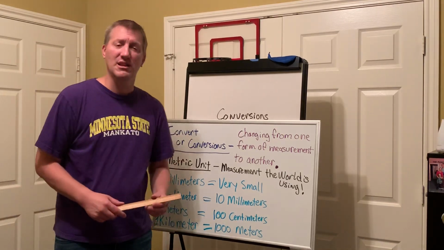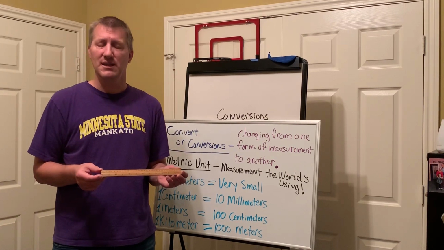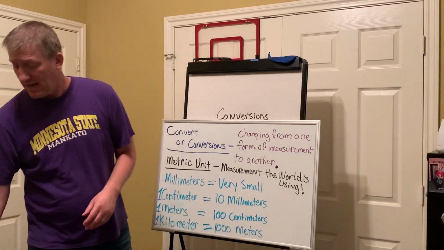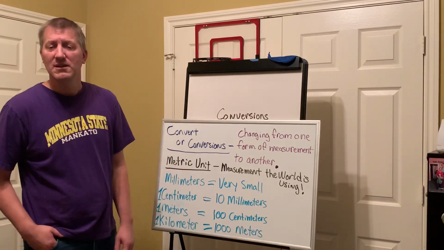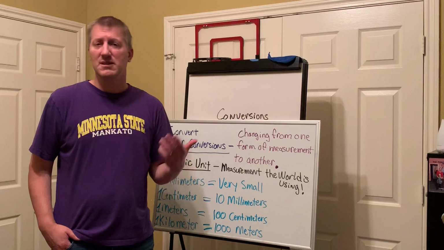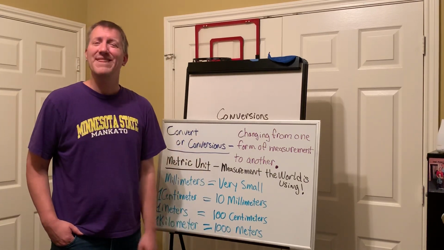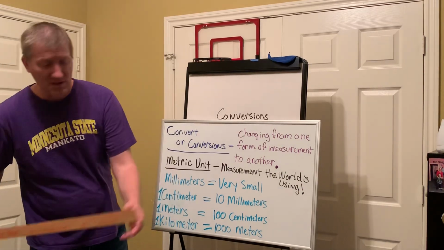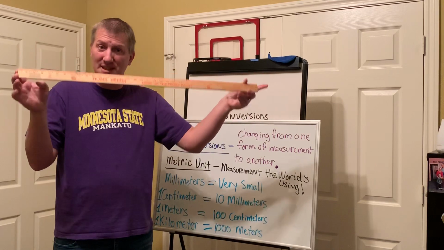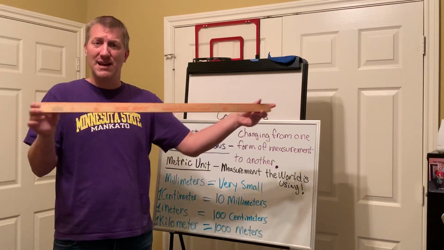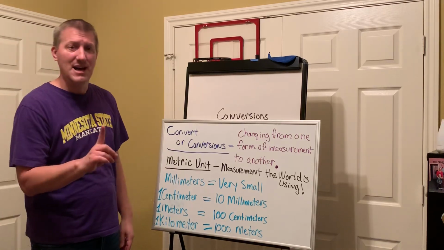Then you get to the longest unit of measurement in the metric system, a kilometer, and there are 1,000 meters in a kilometer. Imagine 1,000 of these 39-inch meters laid down side by side, and that would be 1 kilometer.